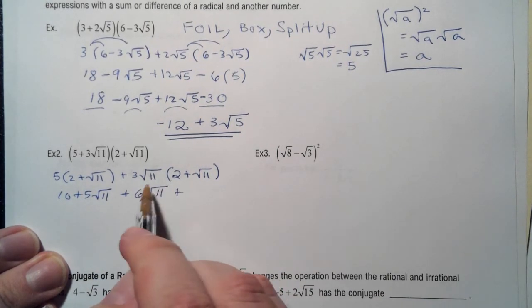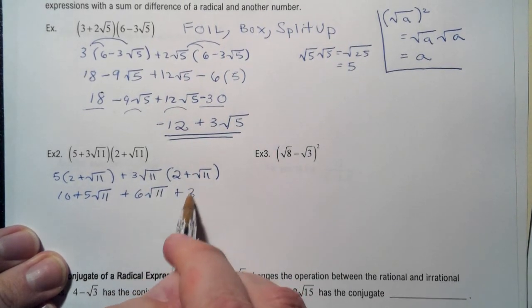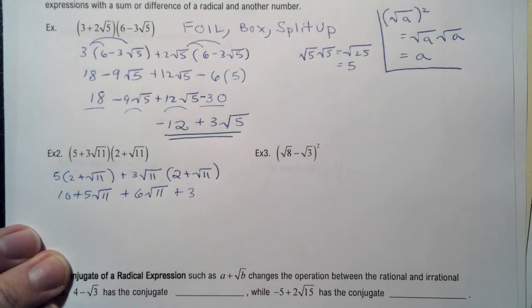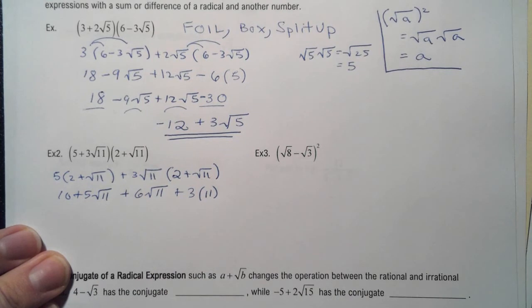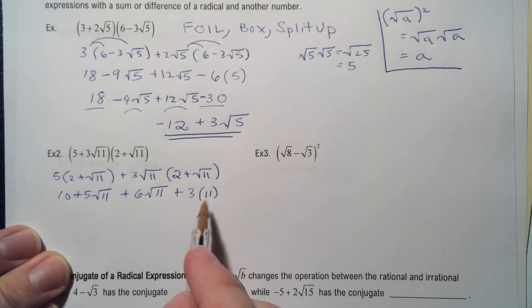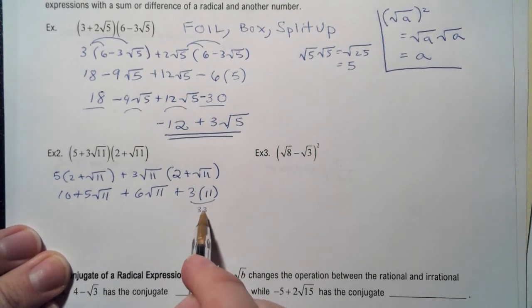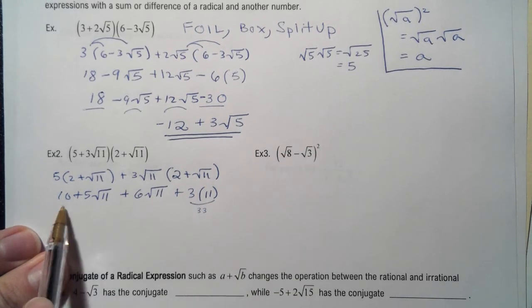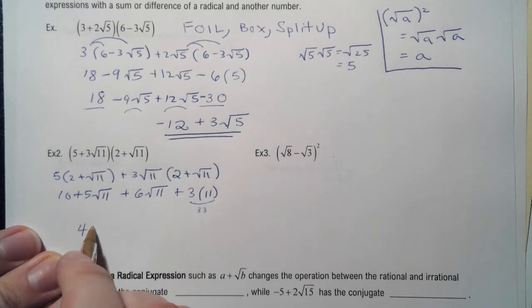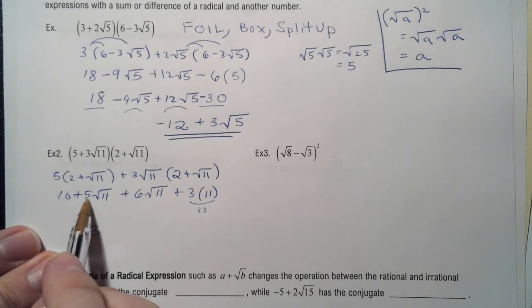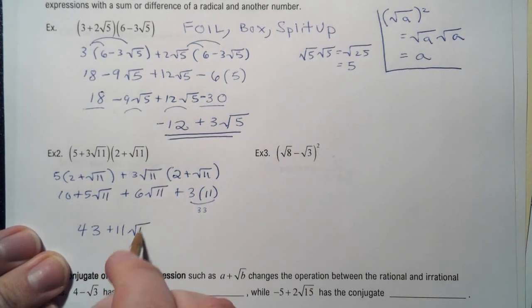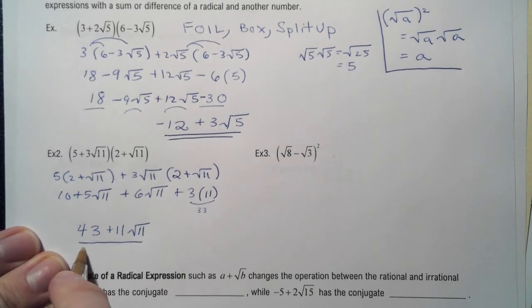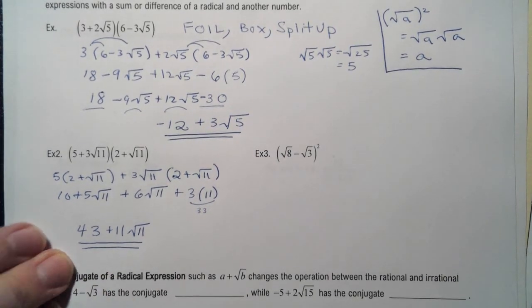I will have plus 3 gets multiplied with the 1 that we understand is in front of that radical. Square root of 11 times square root of 11 is 11. And then I'll look to simplify. Well, I know that this is 33. So I have 10 plus 33, which is 43, plus 5 square root of 11 plus 6 square root of 11 is 11 square root of 11.